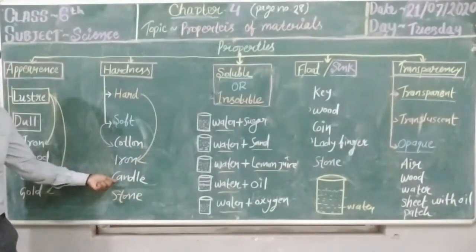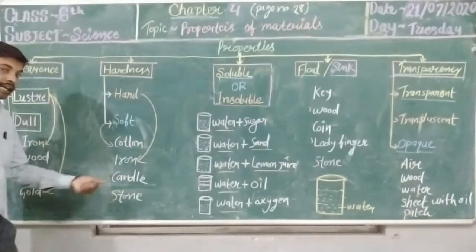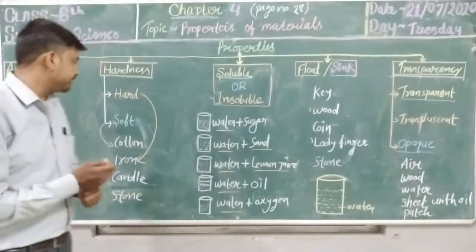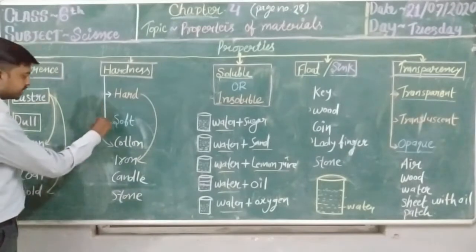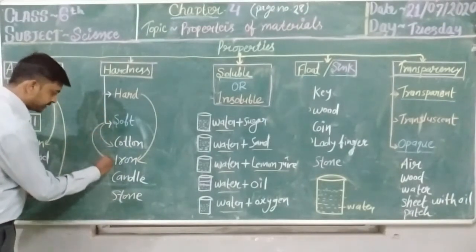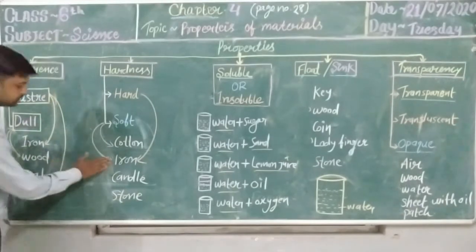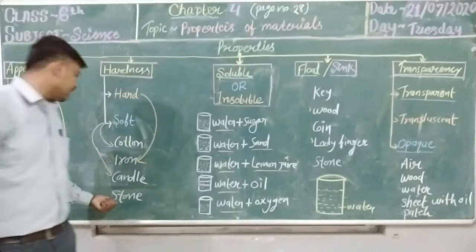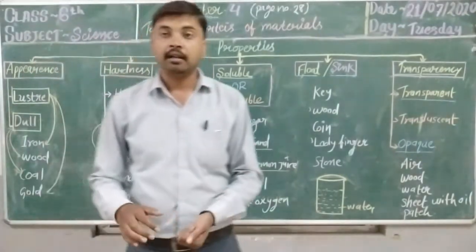Then next, when we talk about candle, we are able to scratch the candle and also compress it. So it means it is a soft substance. Then the next example is stone.